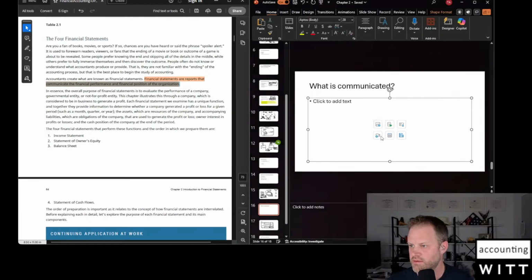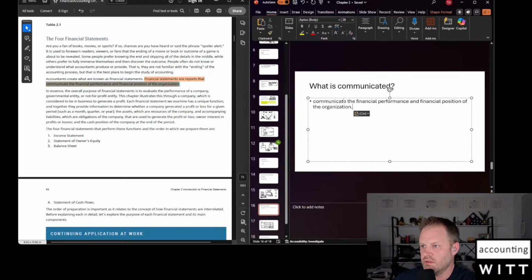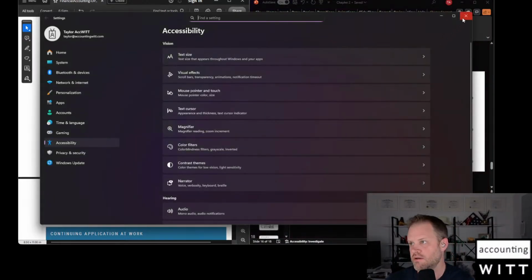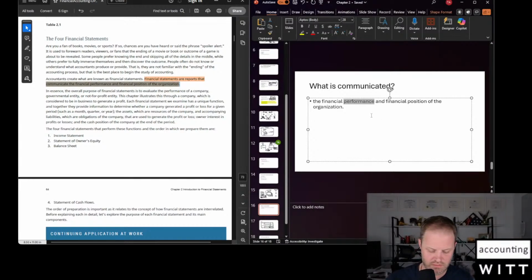The financial performance and financial position. Performance and position. All right. Let's see what this says.